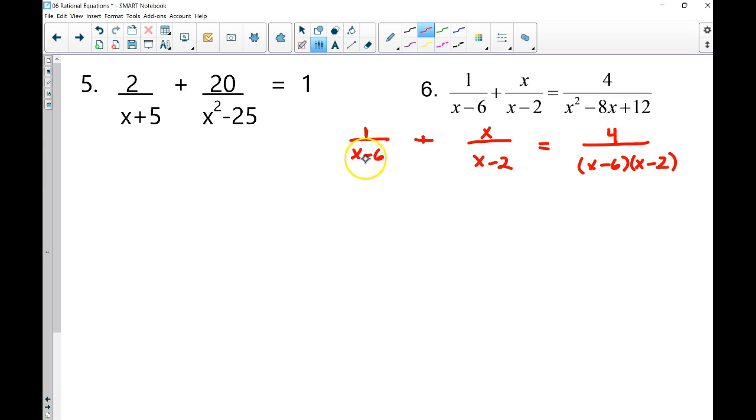So the LCD is what each of these denominators on both sides of the equation can go into evenly. So there are 3 denominators that we have to look at. And so what could each of these go into evenly? X minus 6 times x minus 2. So let's write this on the side.